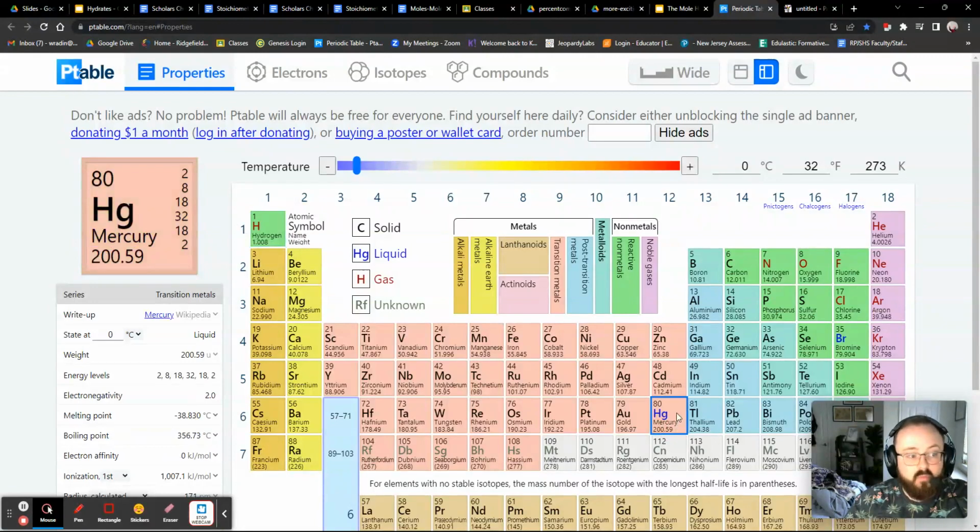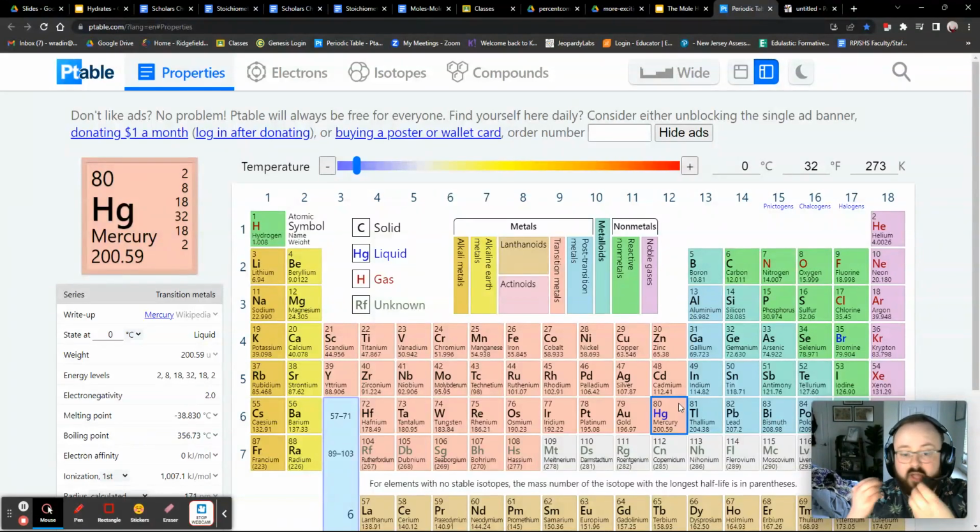An atom of mercury has a mass of 200.59 daltons, which we'll get to grams, we'll get there. So if I have 10 atoms of hydrogen or 10 atoms of mercury, the mercury is going to weigh more even though I have the same amount of them. And that's the gist. That is the relationship between amount and mass.